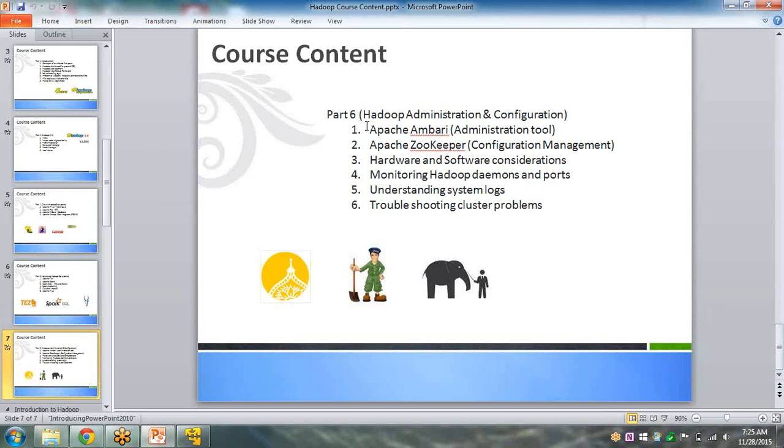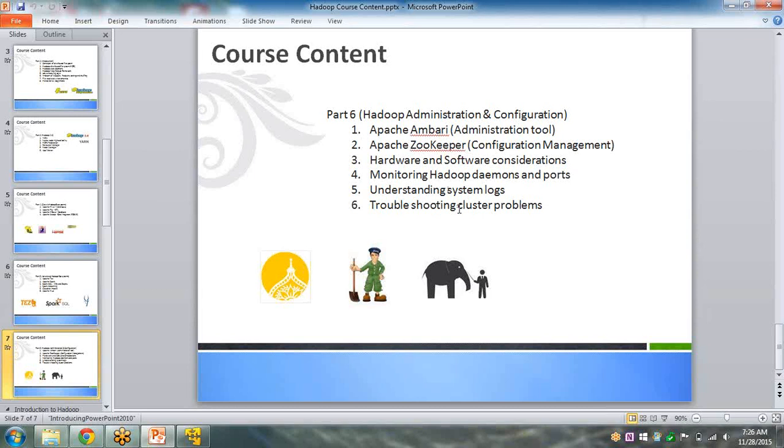While we're discussing Ambari, it's also logical to discuss Zookeeper as well. Zookeeper is not an administrative tool; it is a configuration management tool. It is the invisible framework working behind HBase, behind Spark, behind Ambari, and so on.